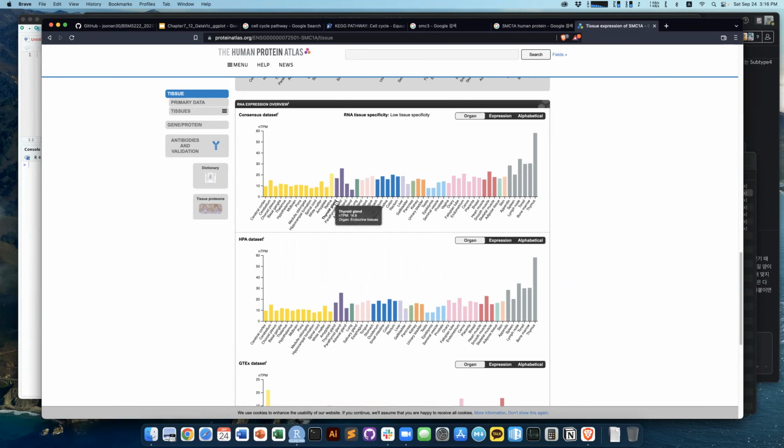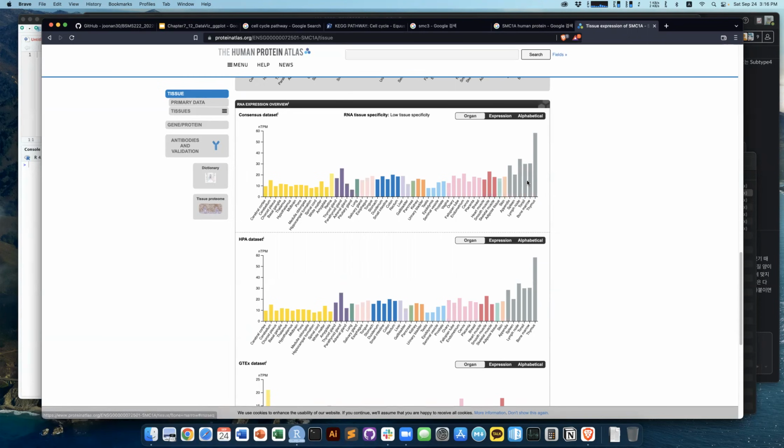And what about the thyroid gland, the peripheral gland system? And what about the intestine and the stomach, the digestion systems, and reproductive organs and the muscle systems, right?